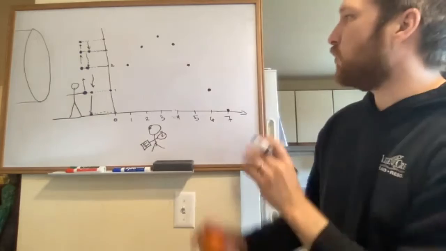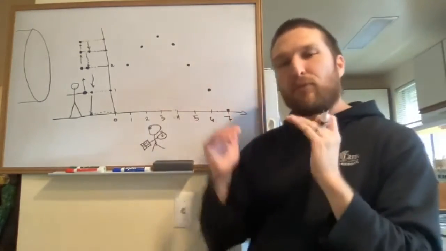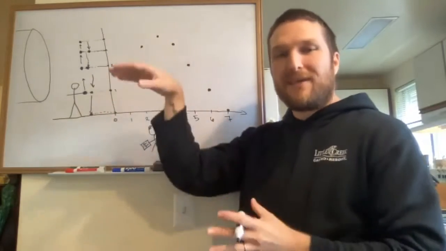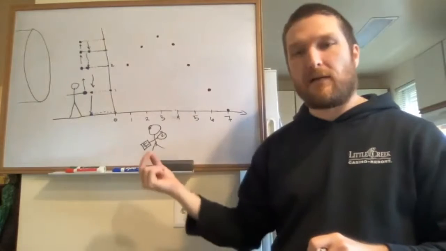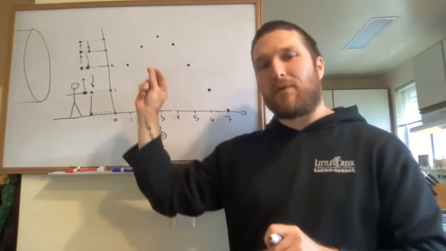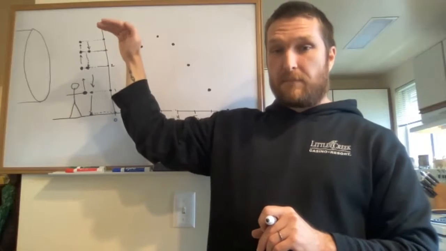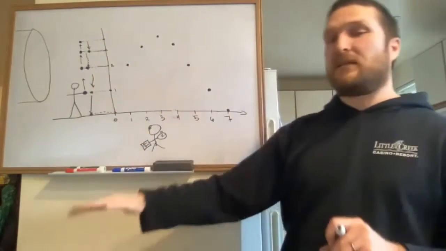And this is what we mean by projectile motion having this parabolic shape. It's not that the ball is actually moving in a parabola. It's that the height of the ball goes up real fast and then it slows down to a stop. And then it starts to come down. It goes faster and faster and faster until it hits the ground.